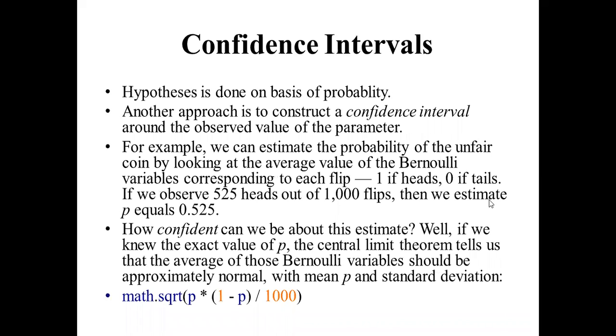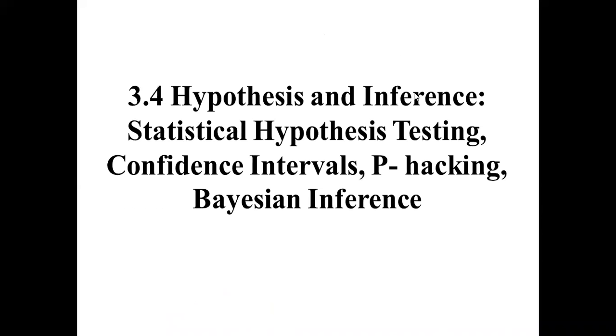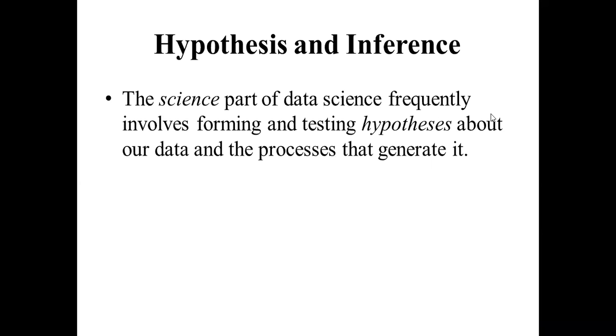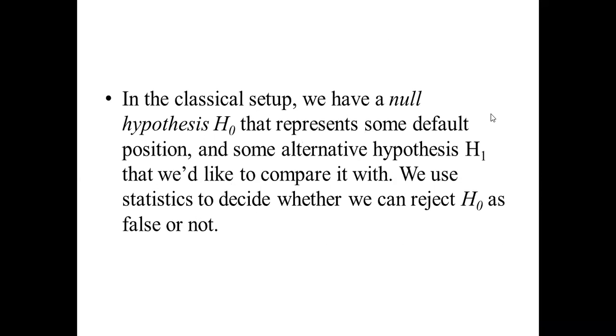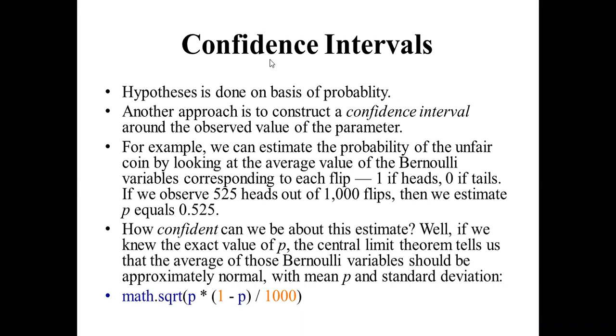Next is confidence intervals. You might be thinking confidence belongs to human behavior. Yes, here also we are talking about it. Whatever we are learning in this point, hypothesis and inference, is completely based on some assumptions. With confidence, I can say that something might happen.